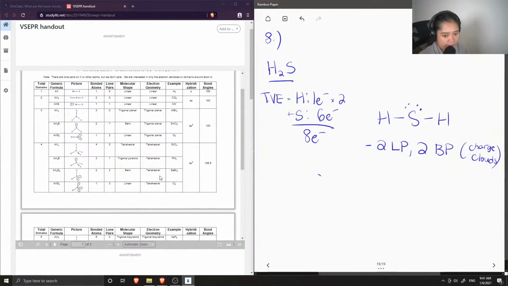So let me draw how this molecule is bent with the 2 lone pairs like that. Bent and tetrahedral. And you'll notice that it is sp3 hybridized.